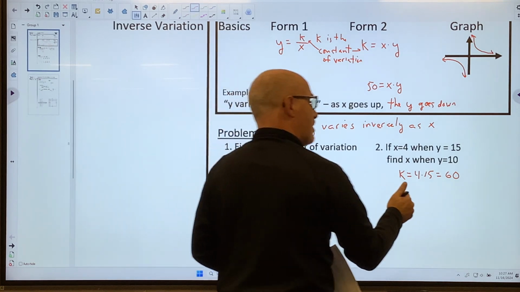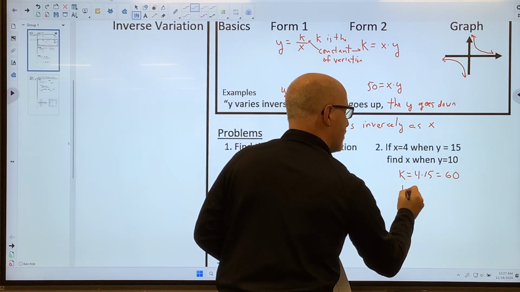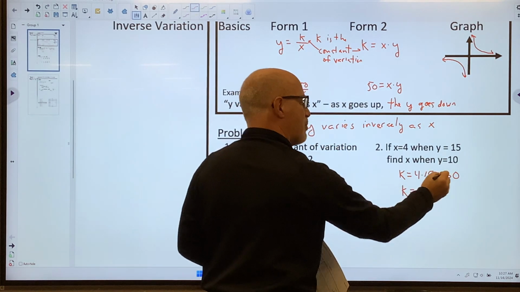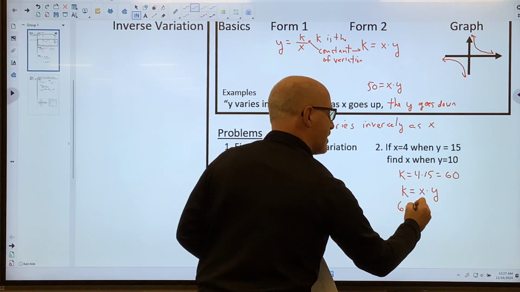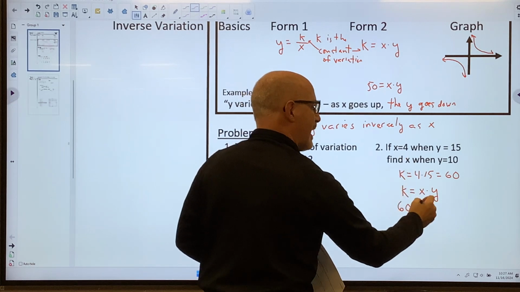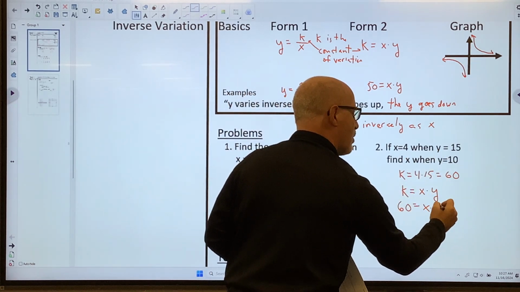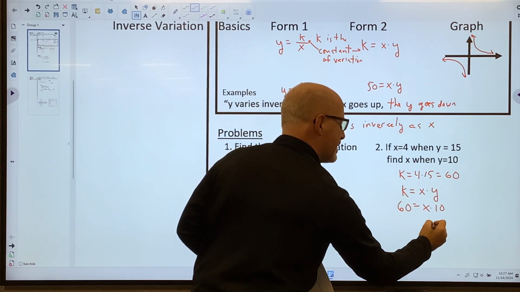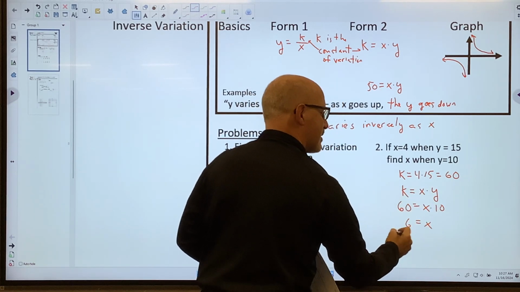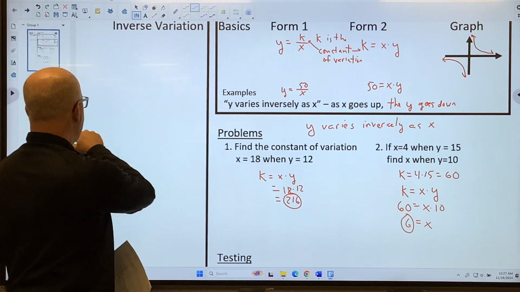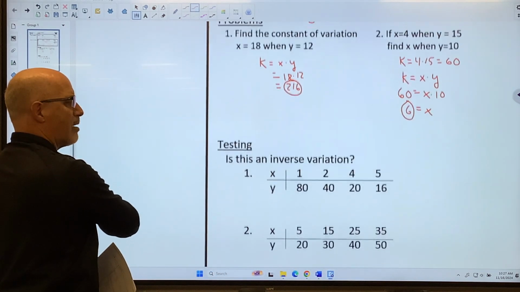Now I use my formula, constant equals x times y. I put in 60 for the constant, x is my unknown, and I put in 10 for y. Divide both sides by 10 and you get x equal to 6. That would be my answer when I find a specific x that goes with that y.